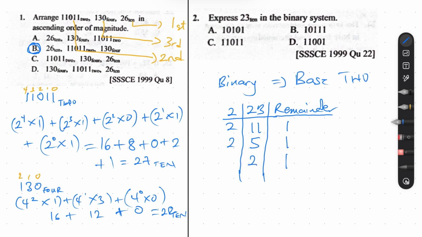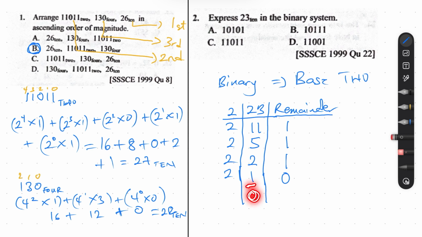Cool. Let's go. 2 goes into 2 how many times? 1. The remainder is what? 0, because 2 times 1 is what? 2. So 2 minus 2 is 0. And okay, let's continue. We are not done. We have to make sure we reach a point where this is 0, right? Okay. So 2 goes into this 1 how many times? 0. 2 cannot go into 1.